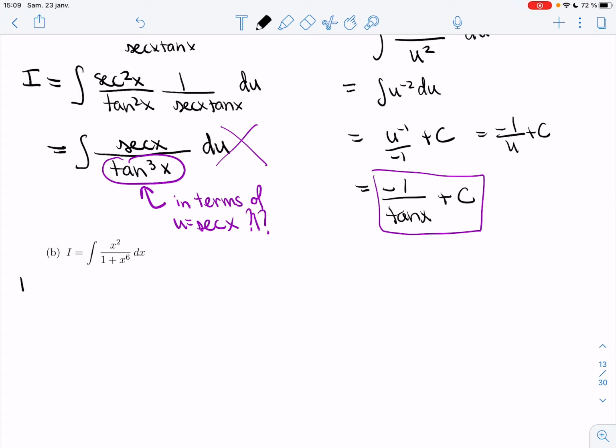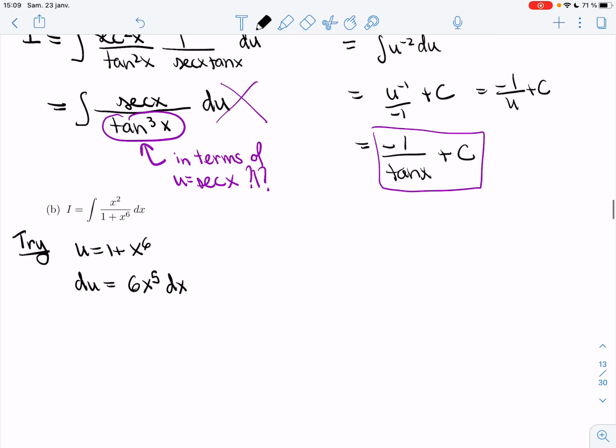All right, so first try, we said I have 1 plus x to the 6 in the denominator. And so du would be 6x to the 5 dx. Already I'm thinking, uh-oh, I have x squared, not x to the 5.